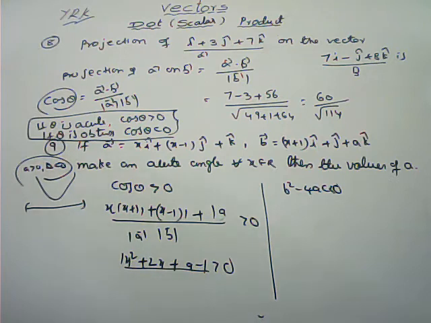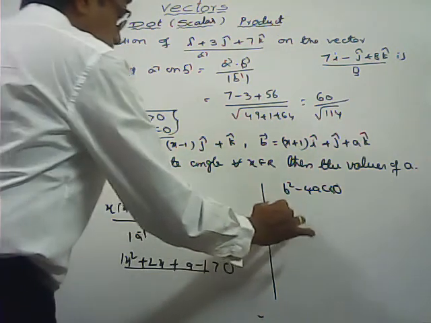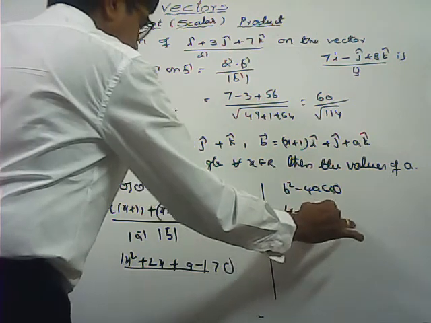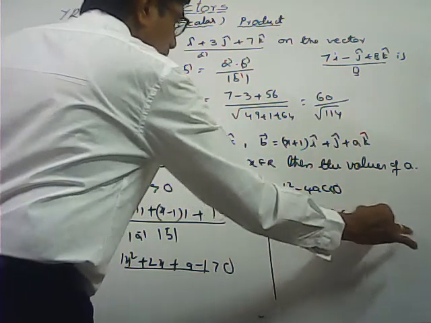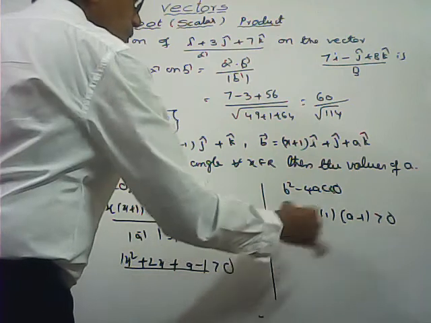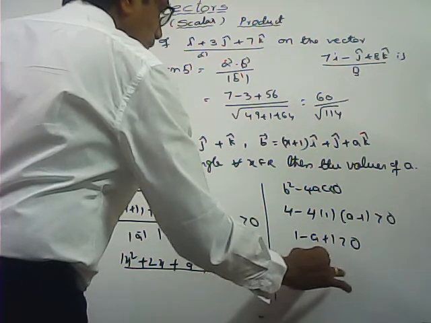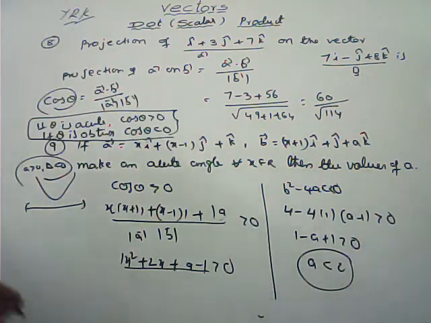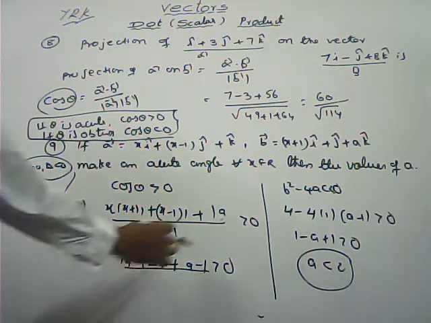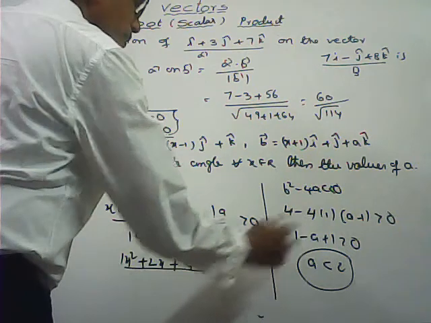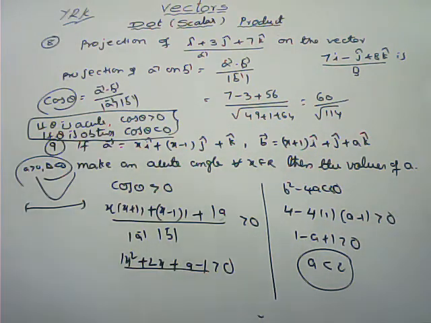So b square minus 4 is less than 0. b square means 4 minus 4 into a c, that is a minus 1, that should be more than 0. Dividing by 4 on both sides, 1 minus a plus 1 is greater than 0, so a is less than 2.